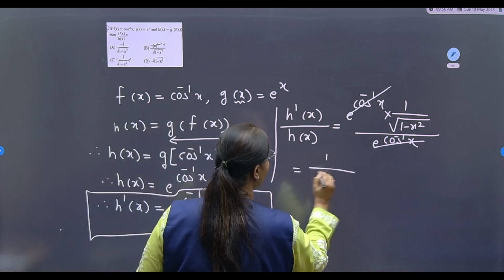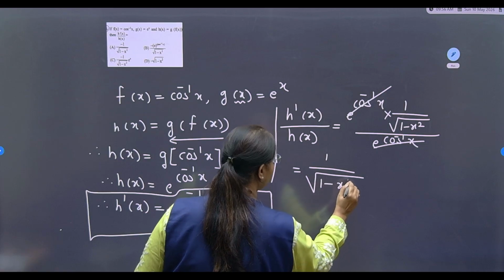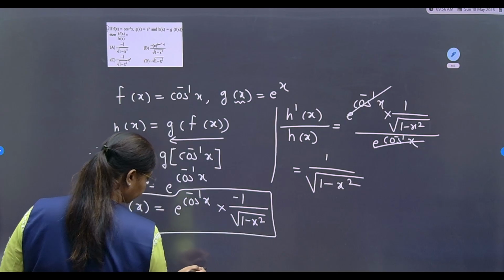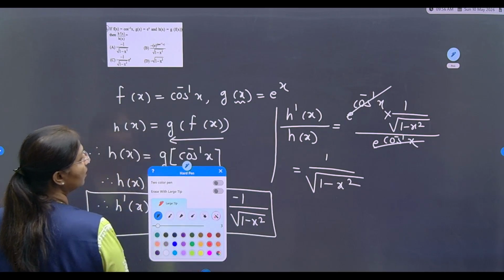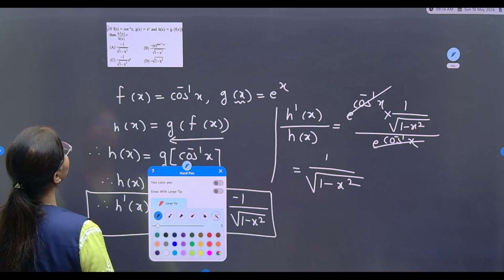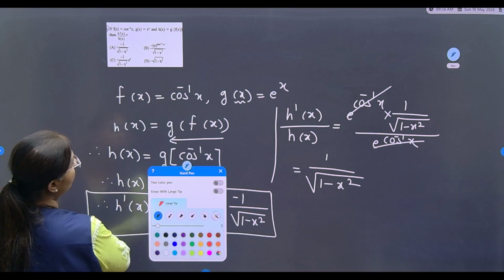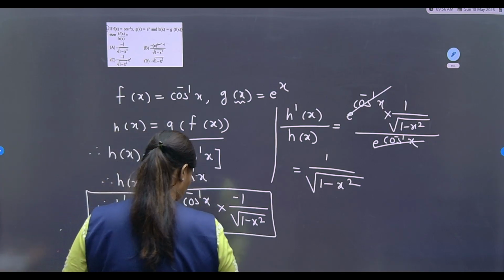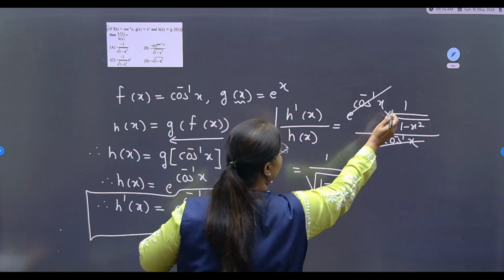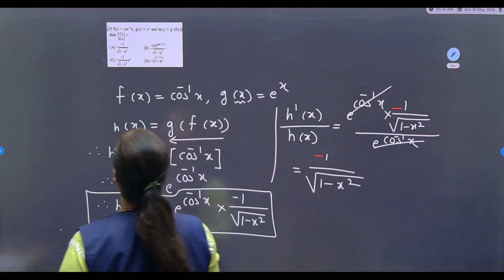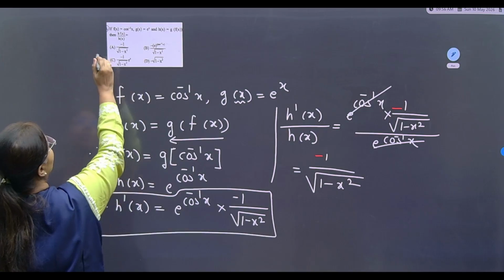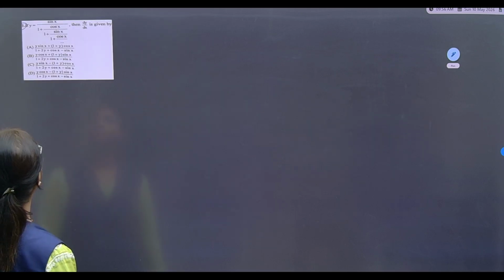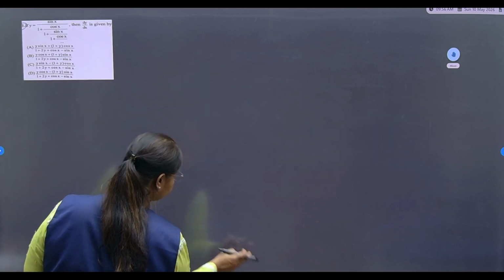Therefore, the answer is 1 upon under root of 1 minus x square, with a minus sign here, minus and here also minus. Okay, option A is correct. Option A. Next example.